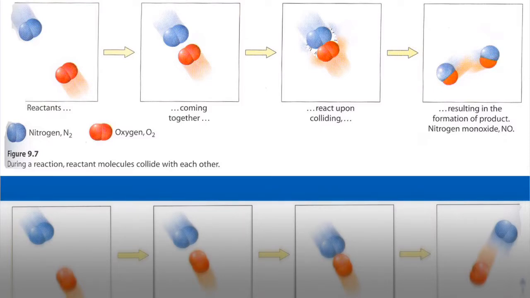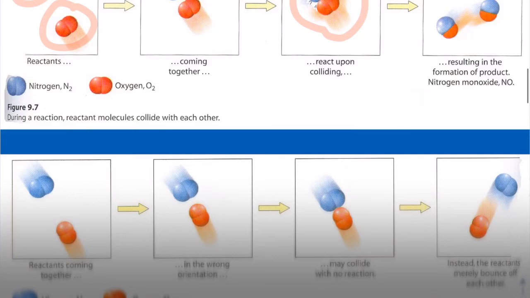Now you'll notice along the top, this is a setting where we get the perfect collision. We have some atoms here and some atoms here. They're diatomic molecules, so we see some nitrogen and some oxygen. And you'll notice right here when they collide in a way that allows the proper atoms to come into contact with one another, if you have bonds forming, we know that we have to have electron clouds overlapping with one another.